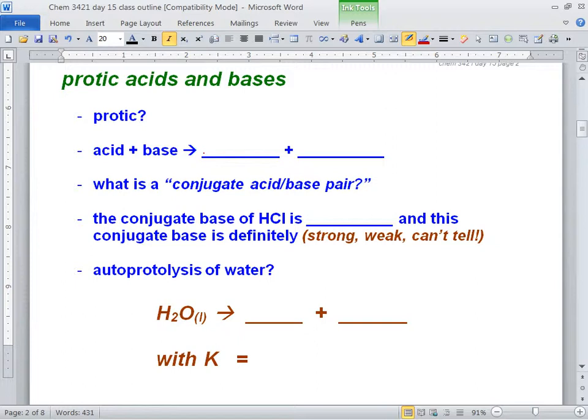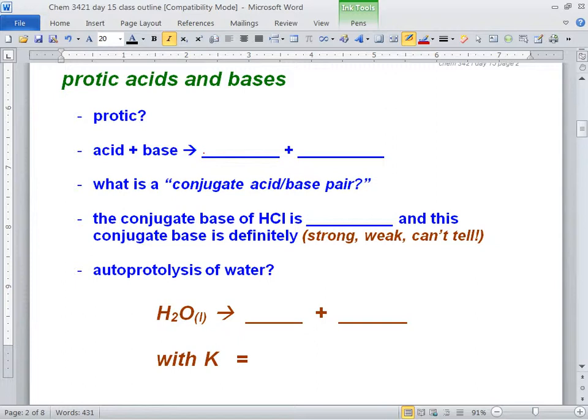So protic generates protons, or is a proton supplier. I think salt and water is what I was really shooting for, because I'm trying to bring us back from general chemistry up to where we are here. So a little bit of review.